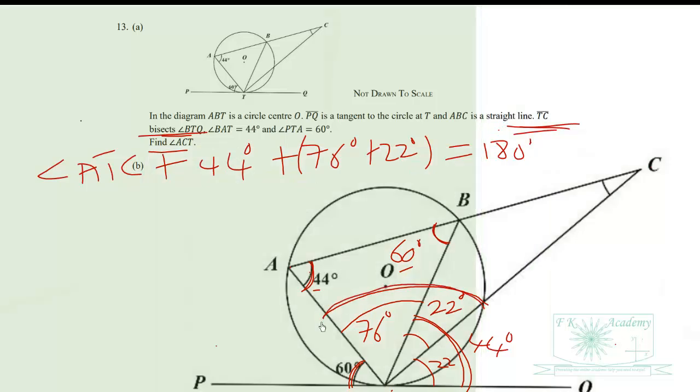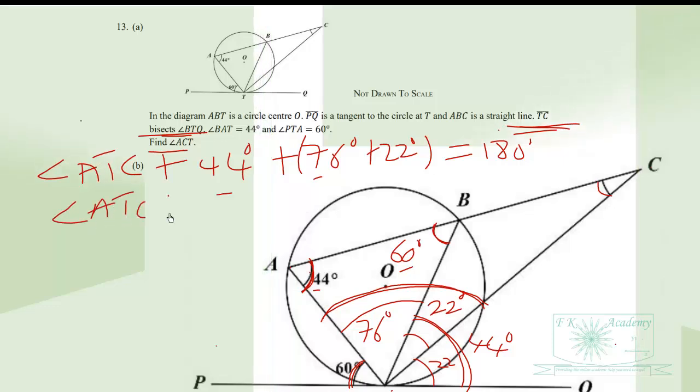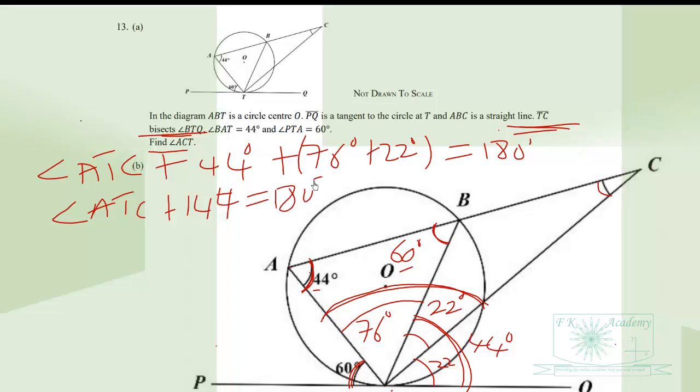This is the first one, second one, then third one. So what do we do next? We know that 44 plus 76 will give us 120. So 120 plus 22 will give you 144. Angle ATC plus 144 should be equal to 180 degrees.